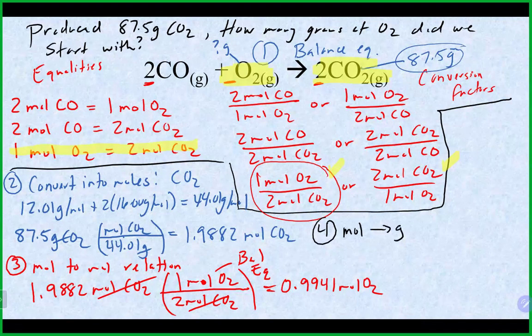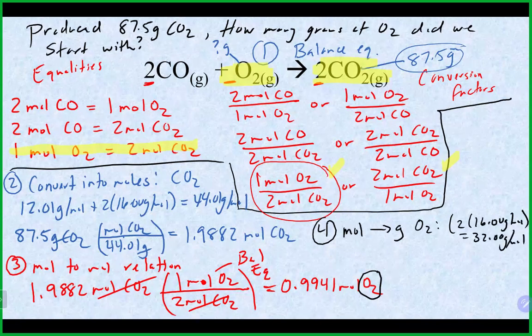I need the molar mass of what thing at this point, though? I need the molar mass of O2, right? Because we have converted away from CO2. So I do have to go back to the periodic table to get my molar mass here of O2, which would be our 2 times 16, or 32 grams per mole.